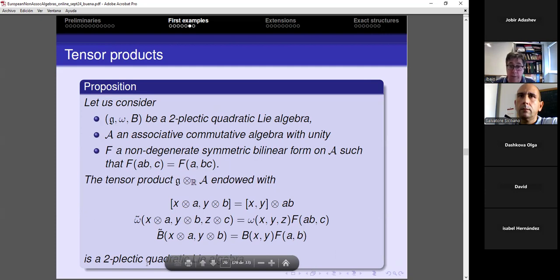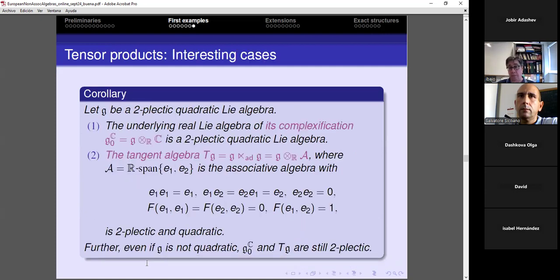And there are two very interesting cases. The first case is that the complexification of every real Lie algebra which is two-plectic quadratic is also two-plectic quadratic. The complexification is seen as a real Lie algebra. The second is the tangent algebra, which is something similar to the cotangent algebra. In the cotangent algebra, we had the sum of G plus G star, its dual, and it was a semi-direct product done by the coadjoint representation.